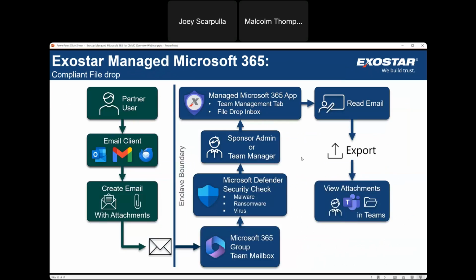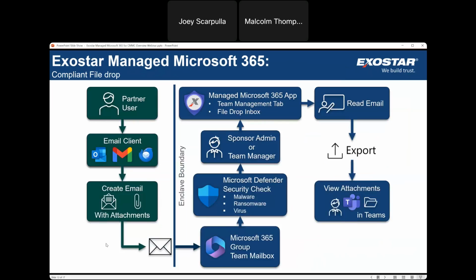We have another feature called the compliant file drop feature. What this does is it allows you the ability to receive and send email within this enclave. The way that works is, say a partner like Lockheed Martin or Boeing has their compliant type email server and they want to send you a CUI document.